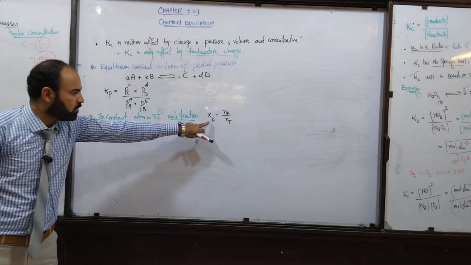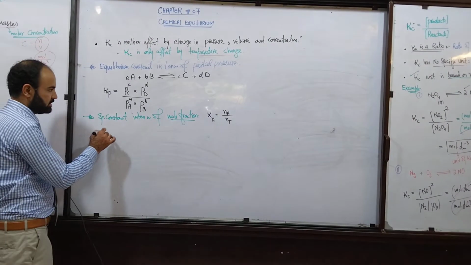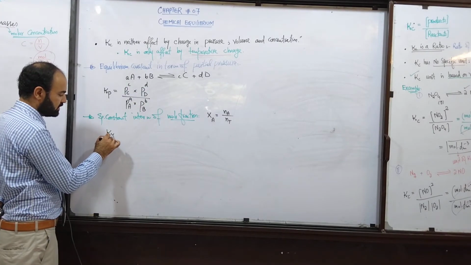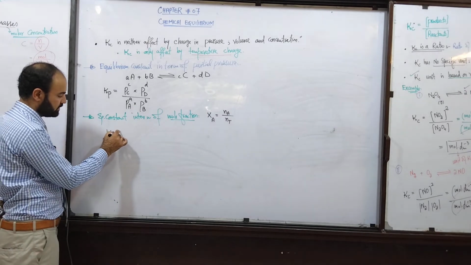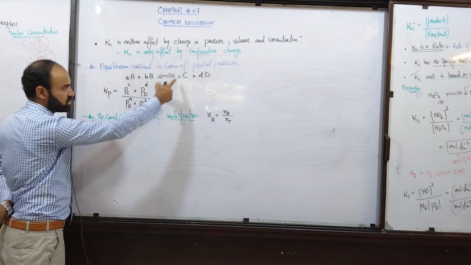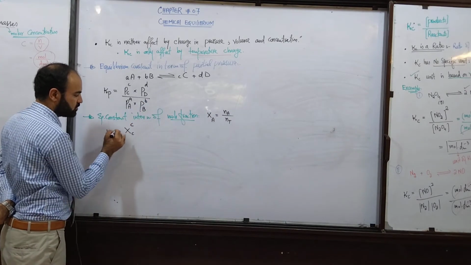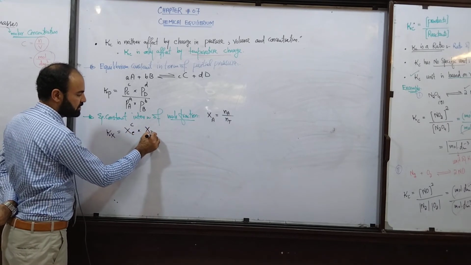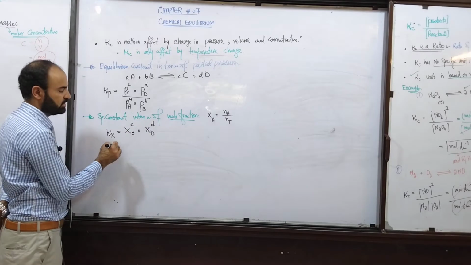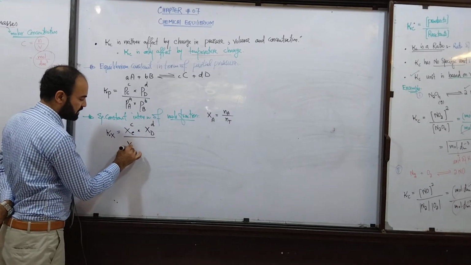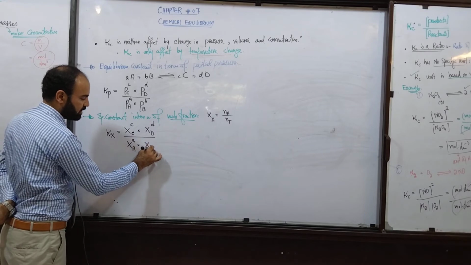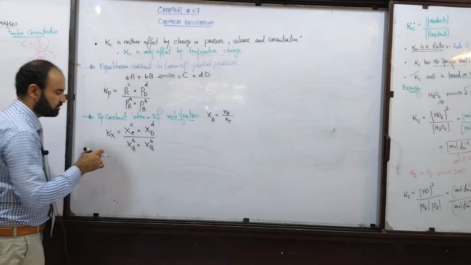So in terms of mole fraction, the expression is the mole fraction of C product raised to power c, multiplied by the mole fraction of D raised to power d, divided by the mole fraction of A reactant raised to power a, multiplied by the mole fraction of B reactant raised to power b.